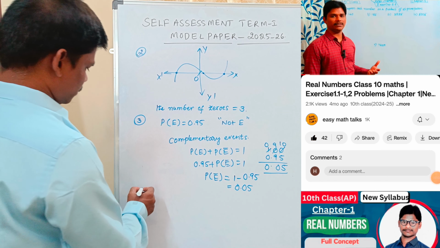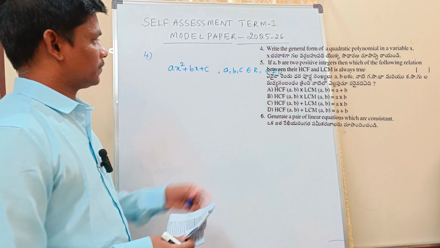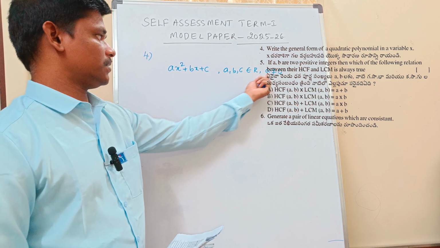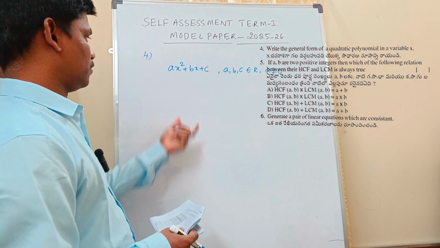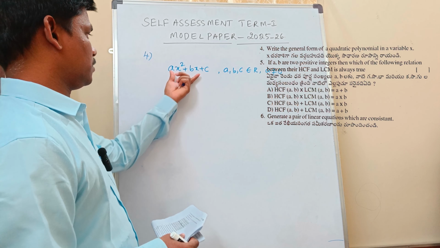The quadratic polynomial is ax square plus bx plus c, where a, b, c are real numbers and a is not equal to 0. This is the general form of the quadratic polynomial.